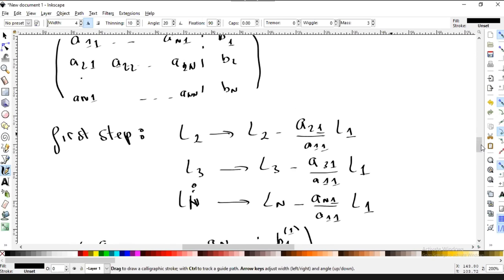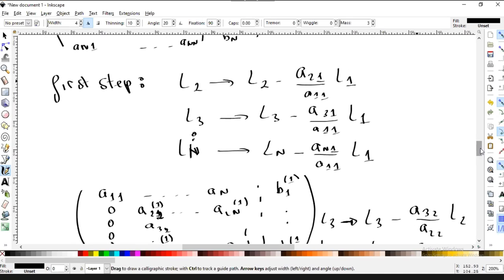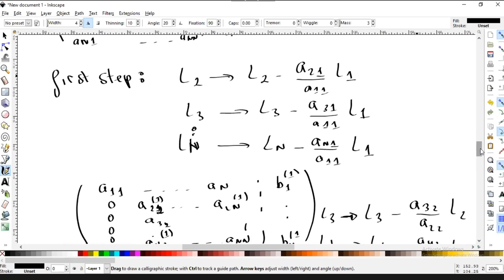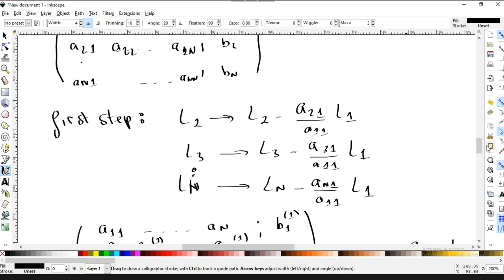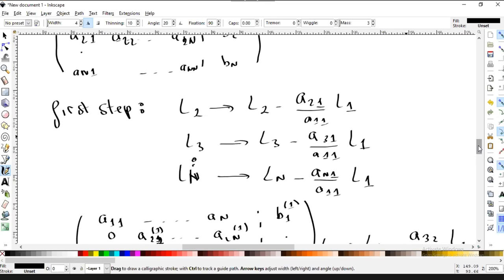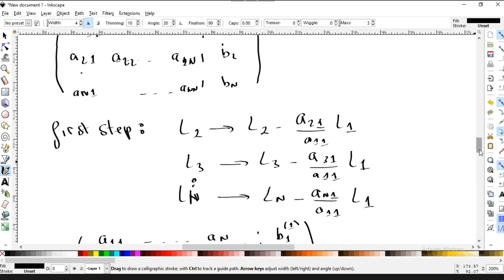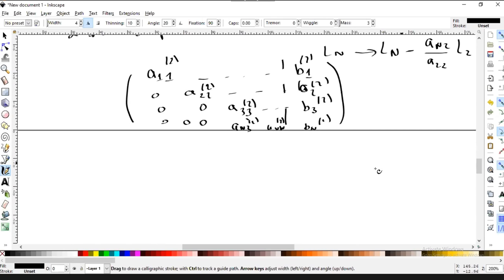And then you subtract, if I look at the equation here, what do I subtract? So if I have a line i, the general expression is the line Li at step k.